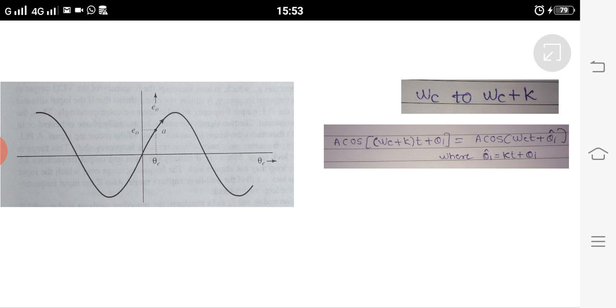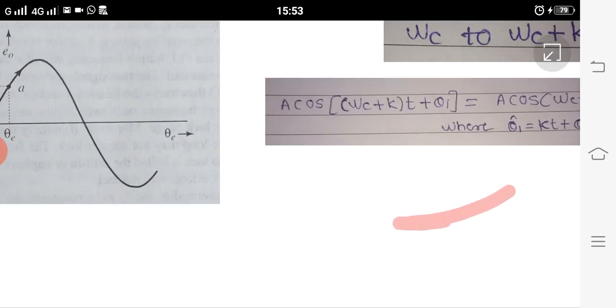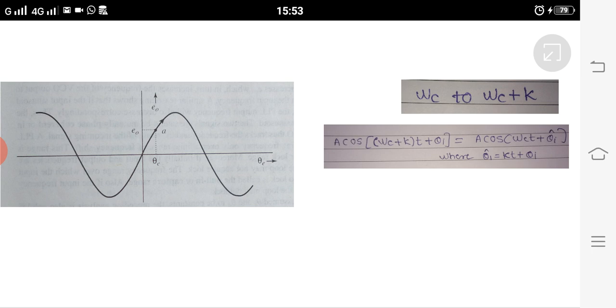This means the incoming signal, which is A cos (omega c plus k) t plus theta I, will be represented in this particular form as A cos (omega c t plus theta I cap), where theta I cap is kt plus theta I. Thus the increase in the incoming frequency causes theta I to increase to theta I plus kt, therefore increasing this particular theta I.